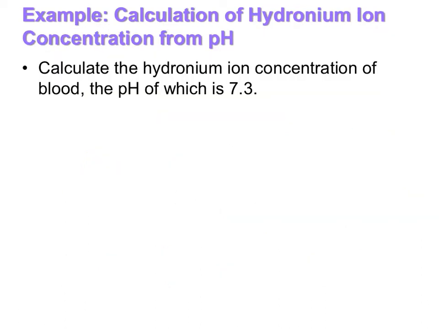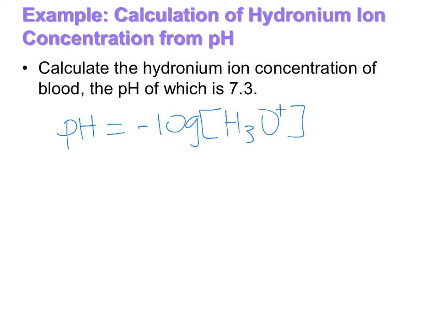Here we are calculating the hydronium ion concentration from pH. So this is a little bit different. We are going to do something new that we haven't really discussed just yet, but it's okay, it's not hard. Because we know that the relationship between pH and hydronium concentration is pH is equal to negative log of hydronium, we can also work backwards.